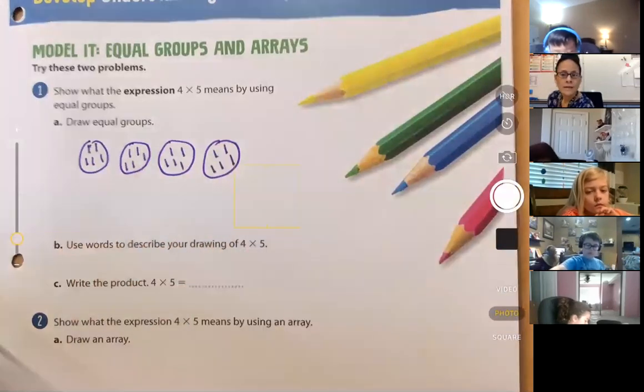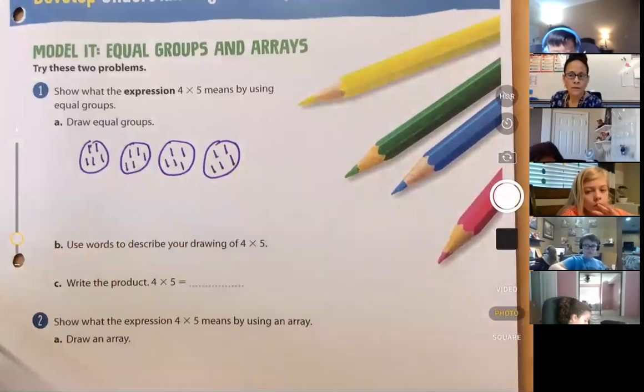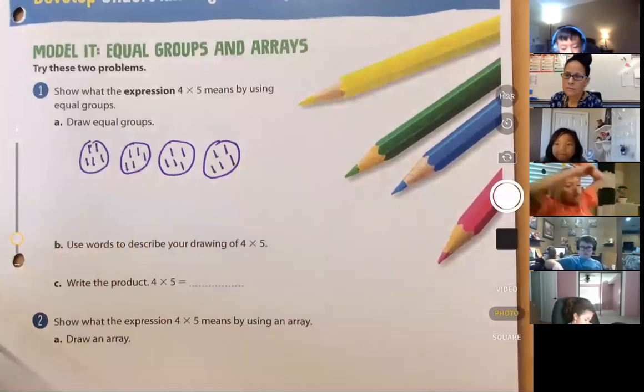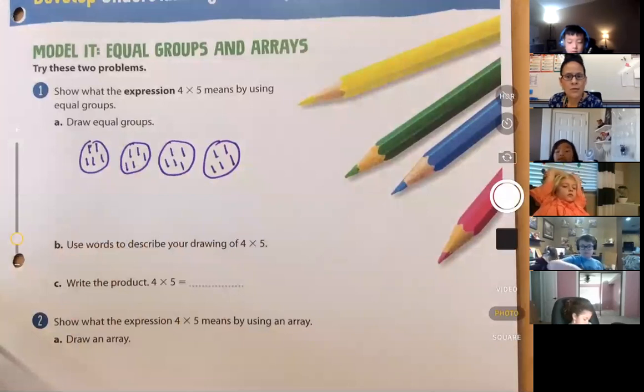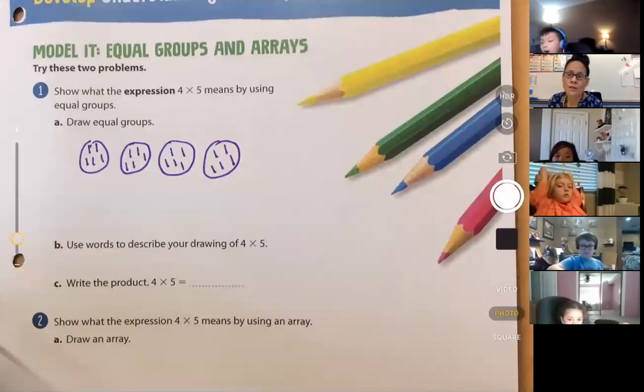Now, friends, do you need to draw little line dashes? No. Could you draw little stars for the marks you're making in your equal groups? Of course you can. You can do whatever it is that helps you. I just do the little dashed lines because it's just easiest for me to model and draw.